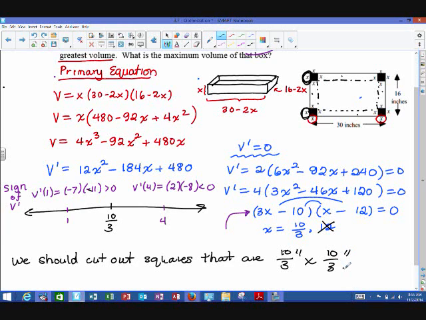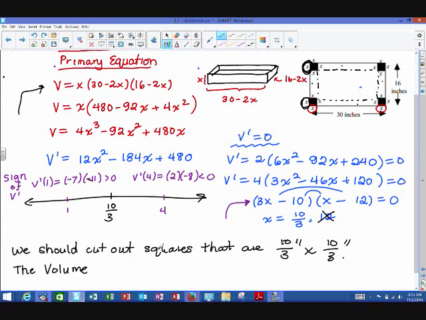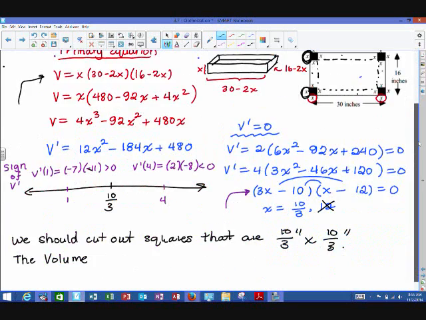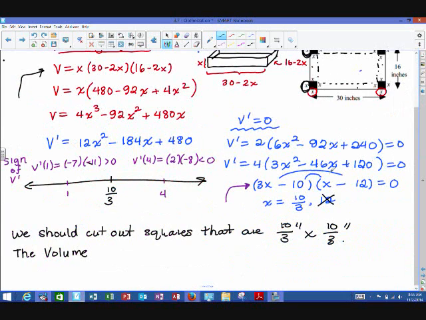And then there's another question that asks you to find what is the maximum volume of that box. Well, that means you need to go back up to your volume equation, not your volume prime, but your volume equation, and plug in your 10 thirds into that. So the volume would be, and we might have to work that out just a little bit because it is kind of tricky given the fact that we have a fractional value.